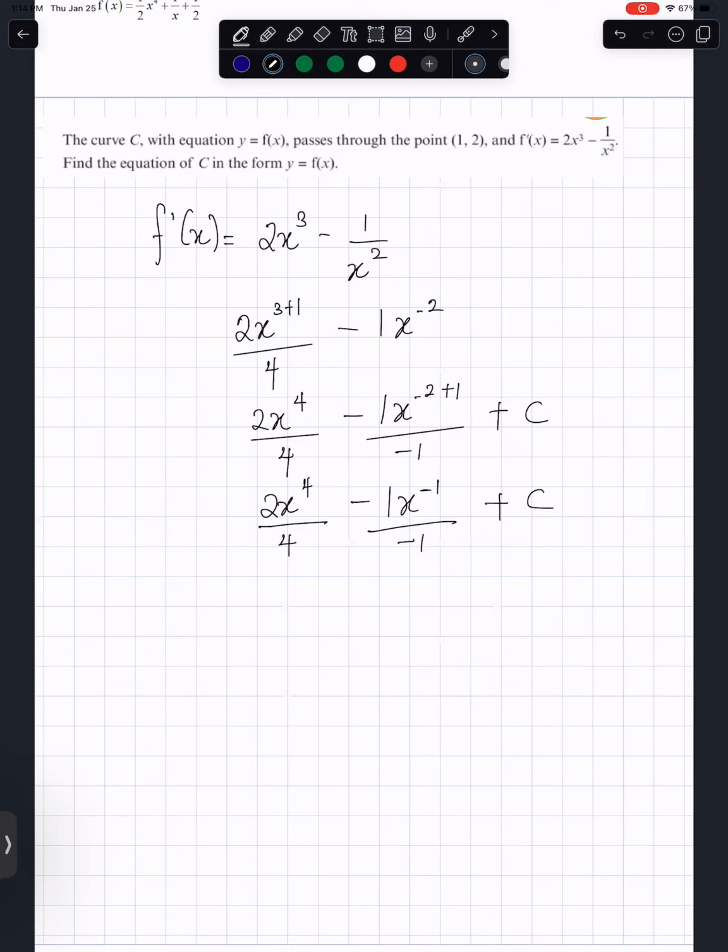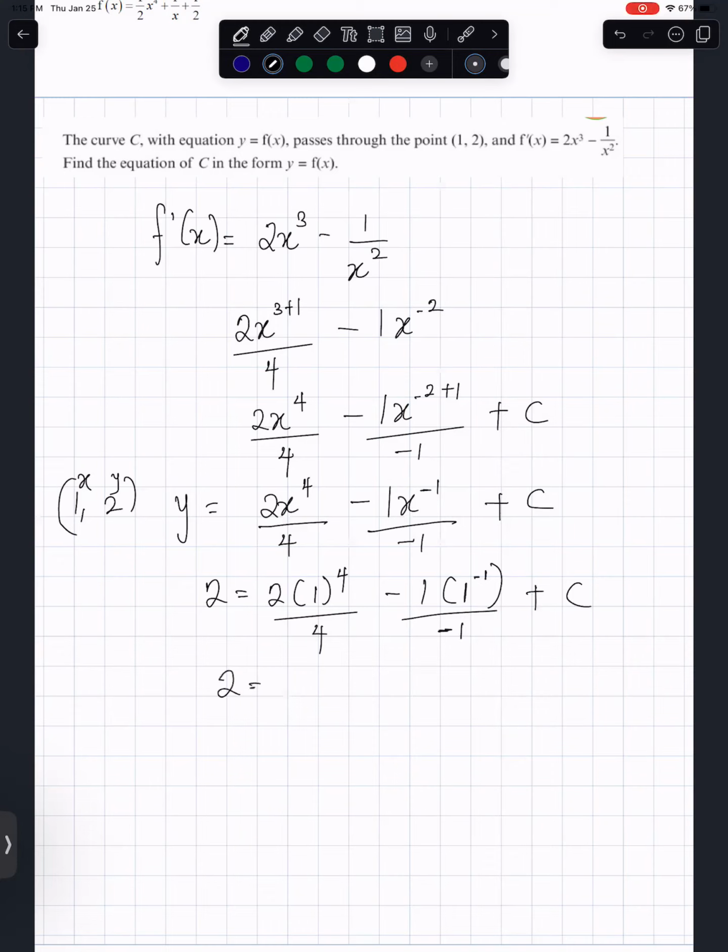So we are going to substitute the values we have been given at 1 and 2. This is our x and this is our y. So I'll have y, which is 2, equals the value of x is 1. So I'll just have 1 raised to the power of 4 into 4 minus 1 into 1 raised to the power of minus 1 into minus 1 plus c.